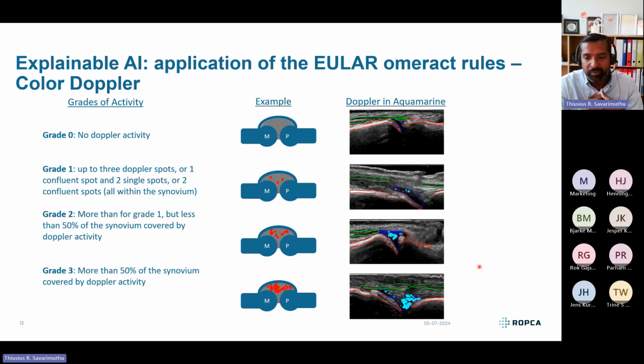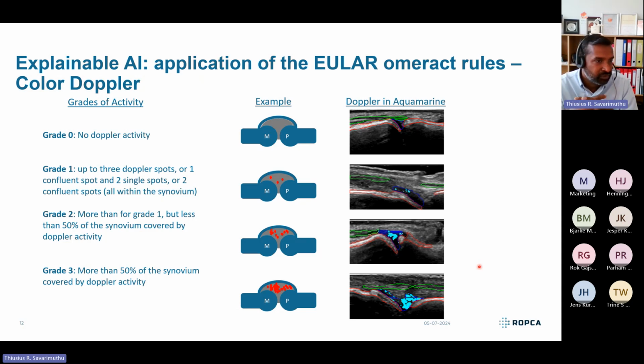Firstly, it is very important that the clinicians agree on what a standard image of a joint should look like, and how a disease activity in such a joint looks. If you don't have a standardized way to describe the condition, the task of automating that will become very, very difficult. So lucky for us, the EULAR-OMERACT rules already existed when we started this development.